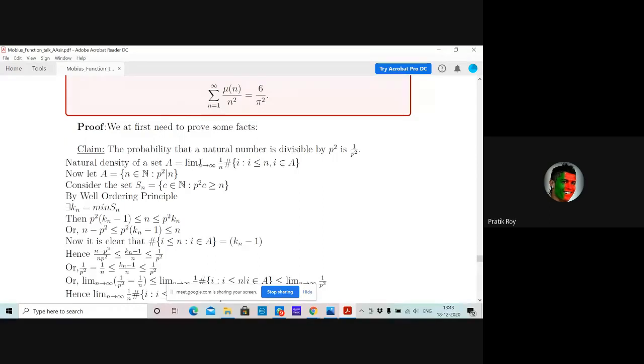I know that natural density of a set just extends the definition of probability from a finite set to an infinite set by a limiting tendency. And this definition for a finite set is very intuitive, from our naive definition of probability.